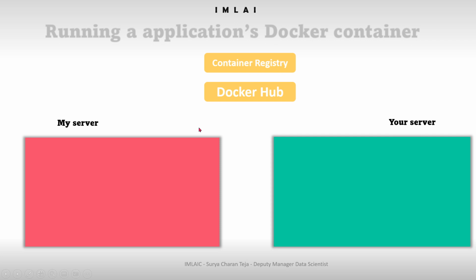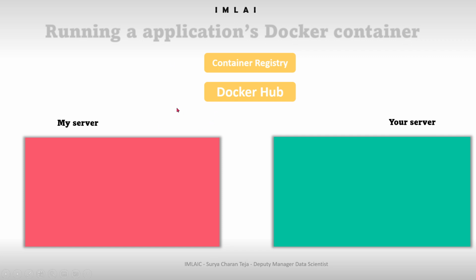Basically, I have pushed the Docker image that I built in our previous slide into Docker Hub. You can use a container registry, but we are using Docker Hub only, or else you can use ECR, Elastic Container Registry. There are a lot of registries available, but Docker Hub is the famous one.